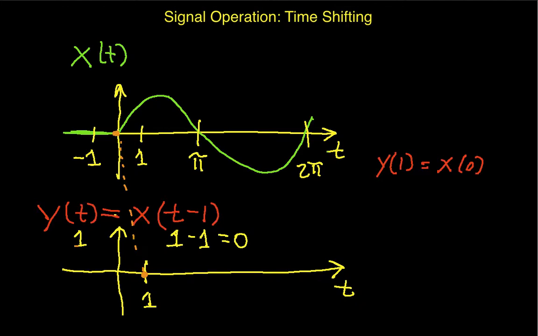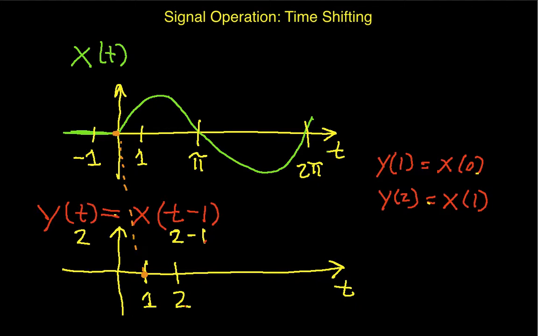So let's look at 2. Okay, y of 2 is going to be, with a value of 2 for t, I have 2 minus 1. So y of 2 is x of 1.